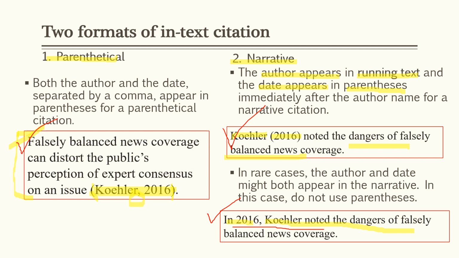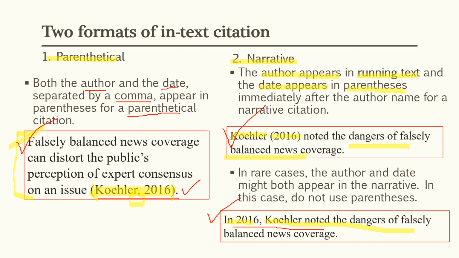Okay, so please do not forget your two forms of citations, syntax citation: we have your parenthetical citation and your narrative citation. In our parenthetical citation, the author and the date, particularly the year, are separated by a comma and they appear inside the parentheses. So this is our parenthetical citation.